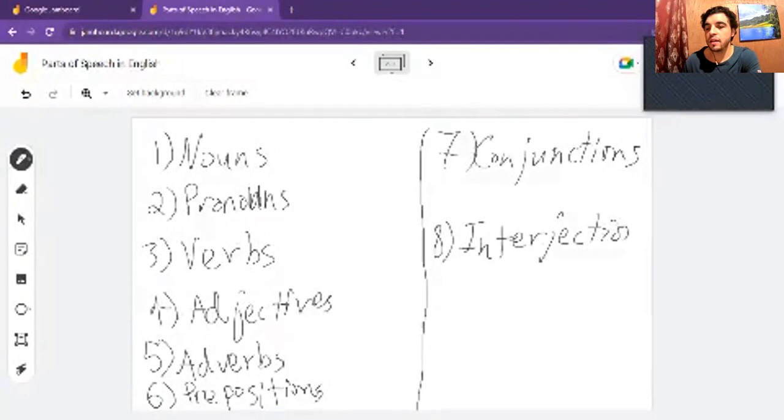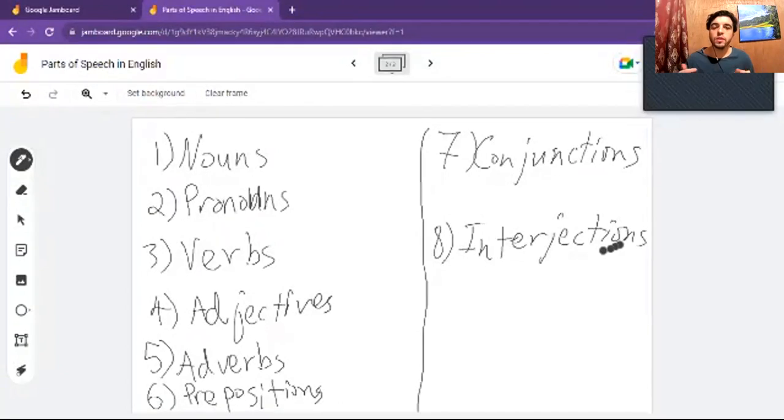I'm not going to go into these in detail. I just want to give an overview so that you understand: do I understand nouns and pronouns and verbs? Great. And adjectives. But how about adverbs? Adverbs tend to be a higher level skill.